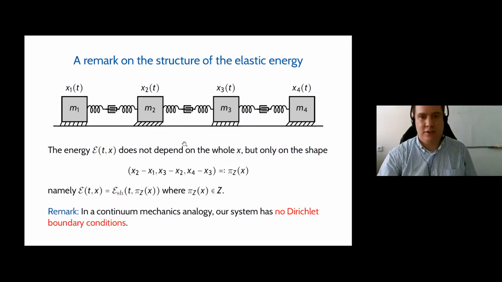And this is because the energy is not coercive on all, in this case, four components, but depends only on these three differences, x2 minus x1, x3 minus x2, and x4 minus x3, that we can call a vector z, or a subspace z that has a smaller dimension and describes shape. So it does not depend on the state, but just on the shape of the crawler.